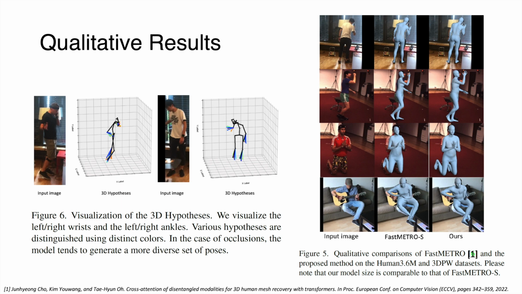In Figure 6, we visualize the 3D pose hypotheses for the left and right wrists and left and right ankles. It is worth noting that our model generates more diverse results in regions with occlusion, meaning higher uncertainty. This allows our model to explore more to make more accurate predictions.